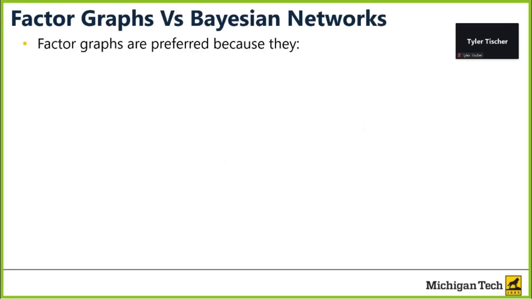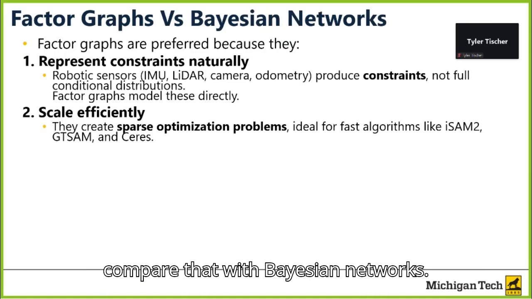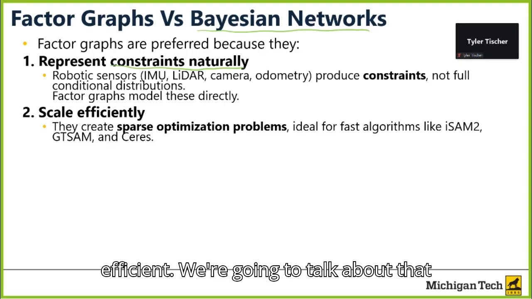Okay. Compared to Bayesian methods, let's compare that with Bayesian networks, because we talked about Bayesian networks last class. A factor graph represents constraints, and is very scale efficient.